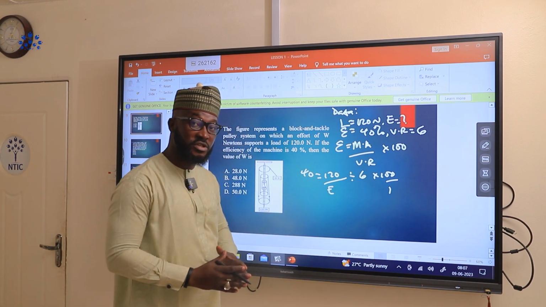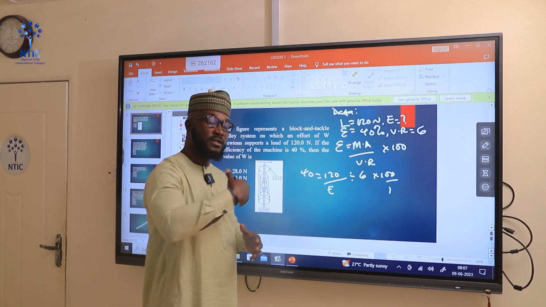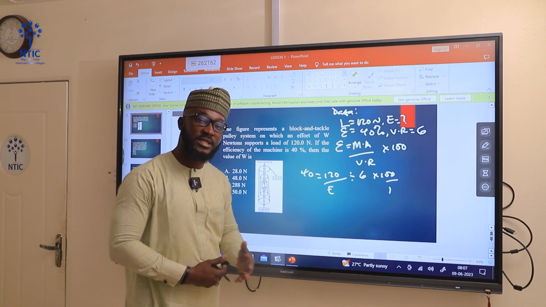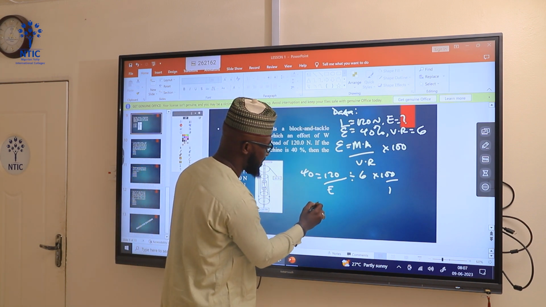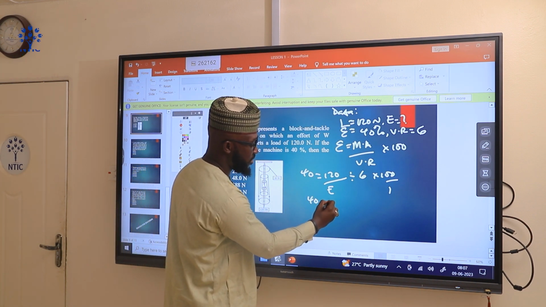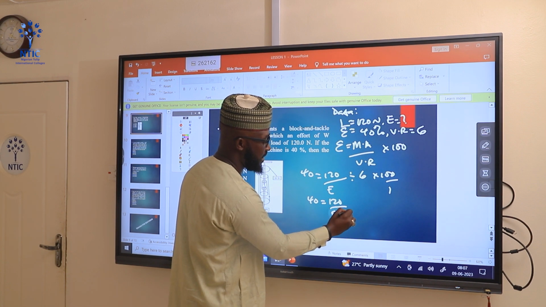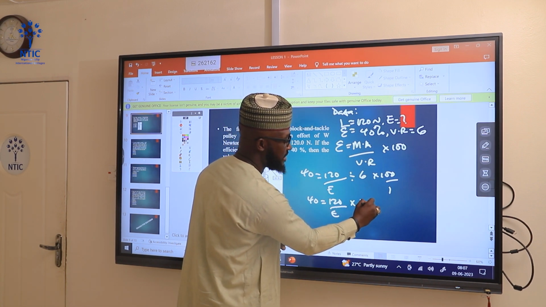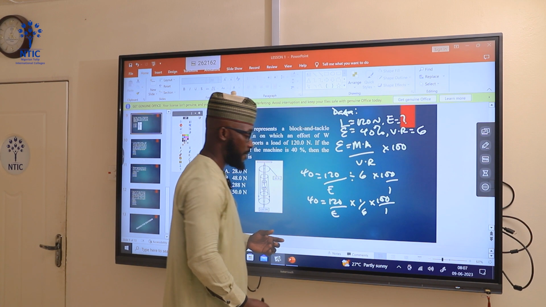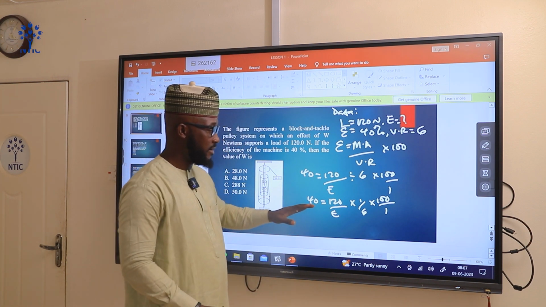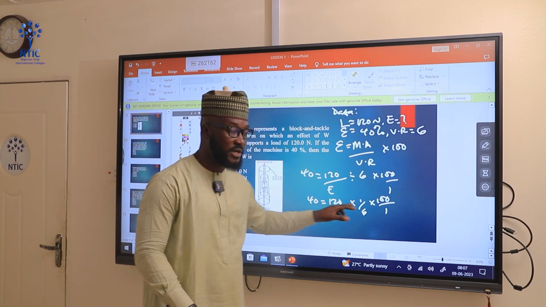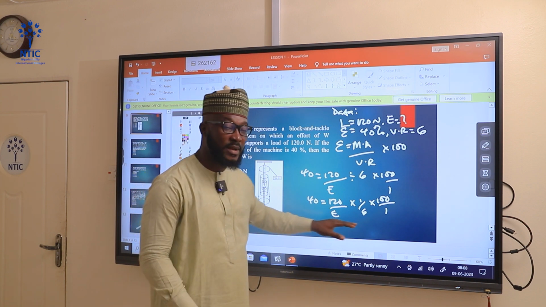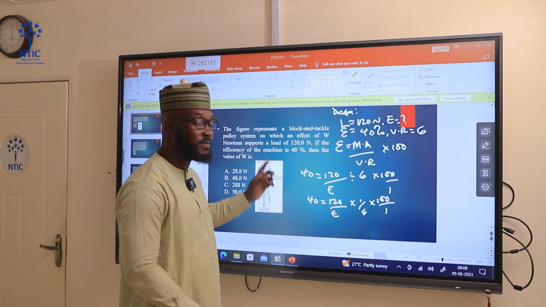To get rid of the division sign, we need to what? Introduce a multiplication sign, thereby switching the 6. So this is 40 equals 120 over E times 1 over 6 times 100 all over 1. Over here, all we need to do is multiply the numerators and then multiply the denominators and then cross multiply.